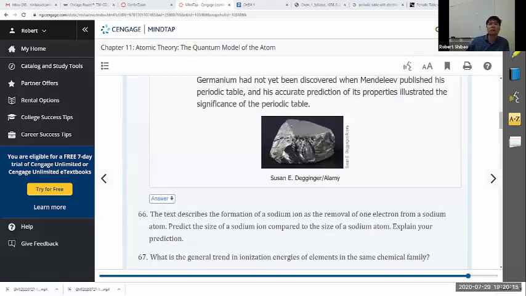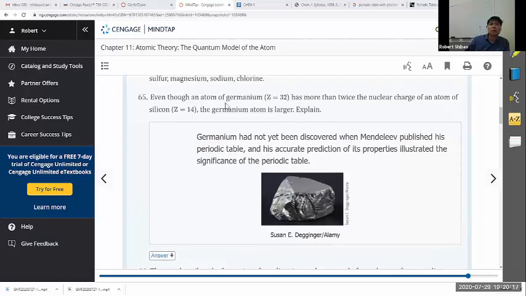So remember, even though an atom of germanium has more than twice the nuclear charge of an atom of silicon, the germanium atom is larger. So this germanium has twice as many protons as aluminum or silicon. Germanium is larger.